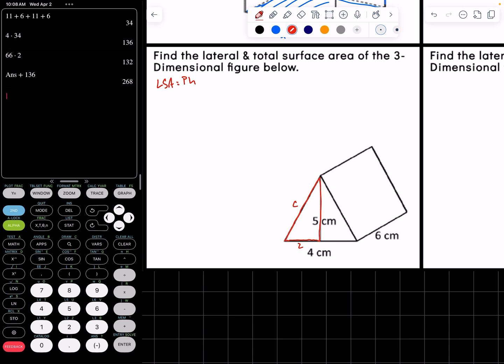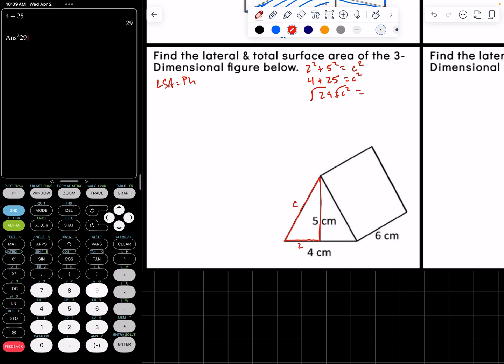So that is going to be 2 squared plus 5 squared equals c squared. So that's going to be 4 plus 25 equals c squared. 4 plus 25 is 29. That equals c squared.